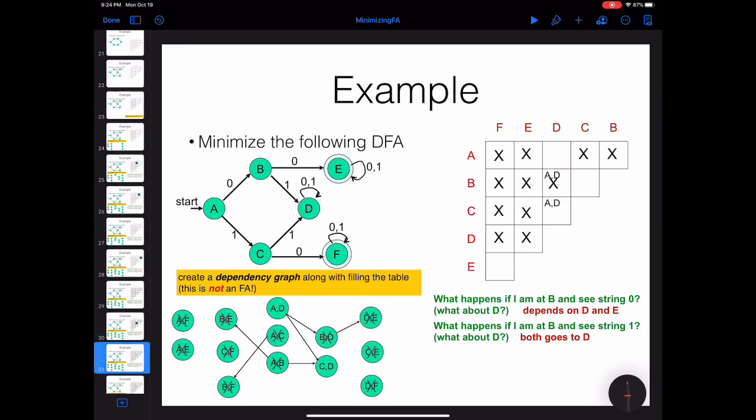Not only am I going to mark B and D as not equivalent, but also anything that will depend on this pair is going to be not equivalent as well.